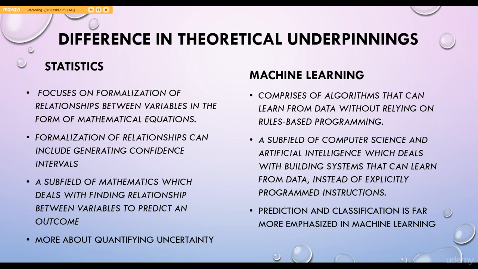And not only do machine learning systems learn from data, we use the same systems to actually predict unseen data. In statistics, there's a lot of emphasis on quantifying uncertainty. And in machine learning, the emphasis is almost exclusively on prediction and classification and how good your prediction or classification model is.